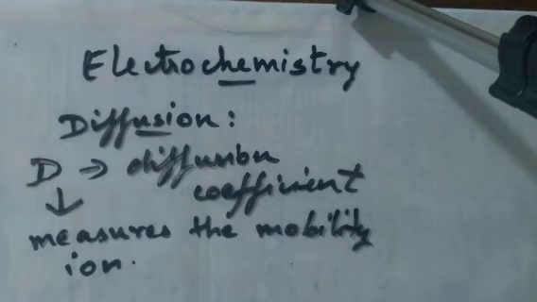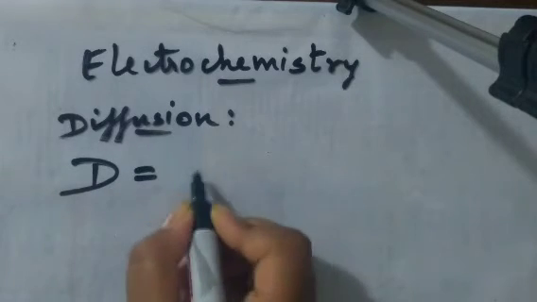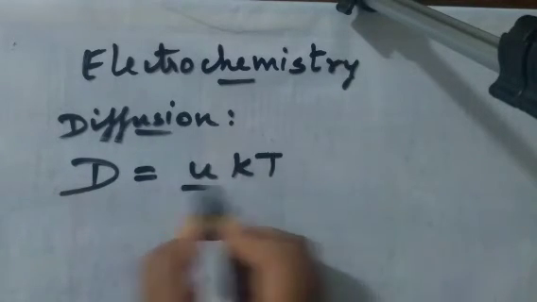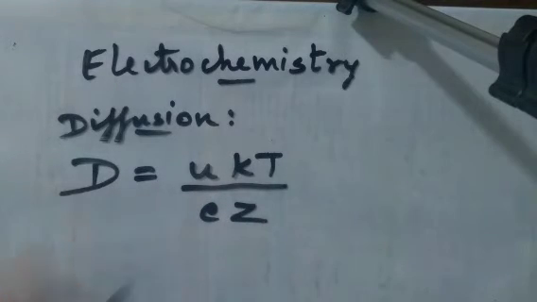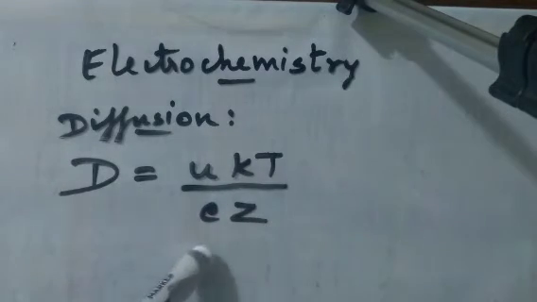We already studied a term called ionic mobility. Ionic mobility also measures the mobility of the ion, but that is due to kinetic energy and this is due to thermal energy. The relationship between diffusion coefficient and ionic mobility is given by D = UkT/eZ, where D is the diffusion coefficient, U the ionic mobility, k the Boltzmann constant, T the temperature in Kelvin, e the electronic charge, and Z the charge number of the ion.